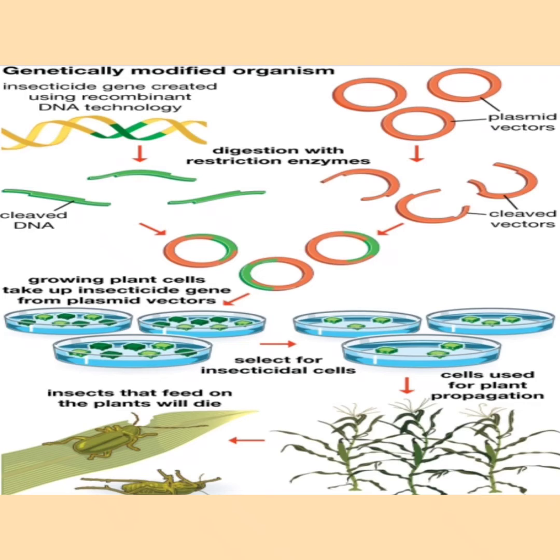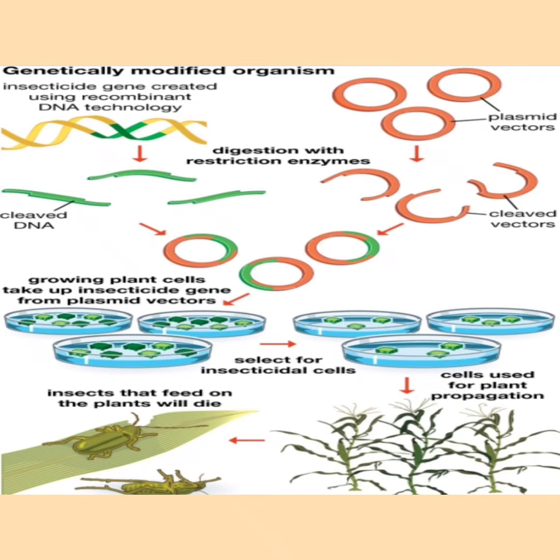Here in genetic engineering, we know that the insecticide gene is created using recombinant DNA technology, where the required gene is cleaved from the DNA and a plasmid vector is taken and that vector is also cleaved.